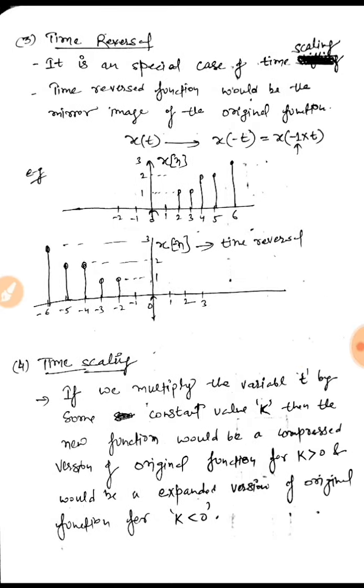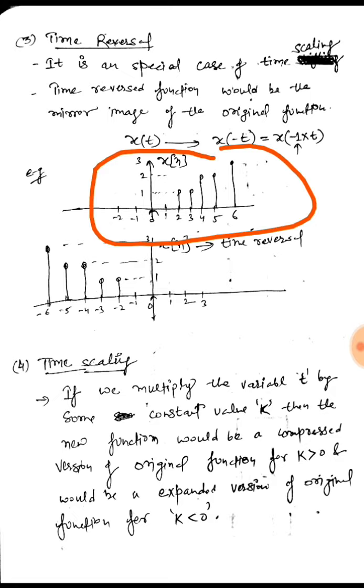Next is time reversal. It is a special case of time scaling, which we will see after that. The time reversal function is the mirror image of the original function. Take this example in which x[n] is a discrete signal defined at time instants 2, 3, 4, 5 and 6, that is from 2 to 6. At 2 and 3 it is 1, at 4 and 5 it is 2, and at 6 the amplitude is 3.